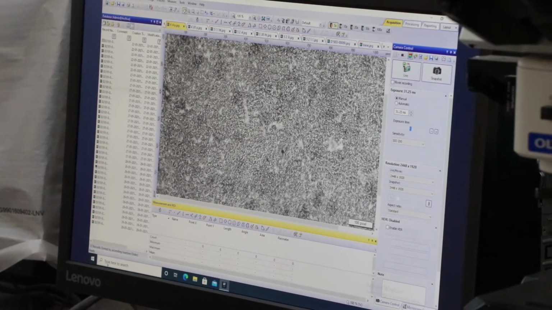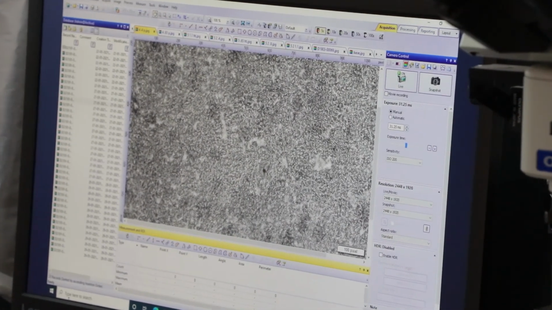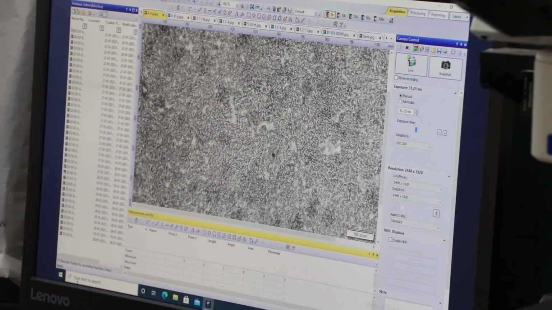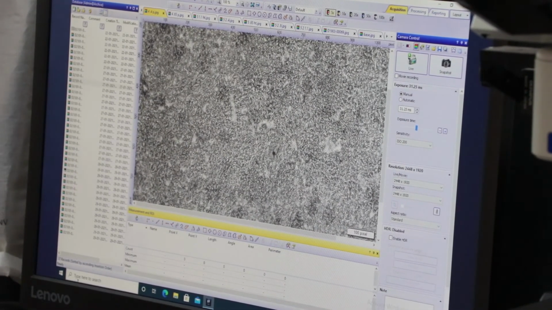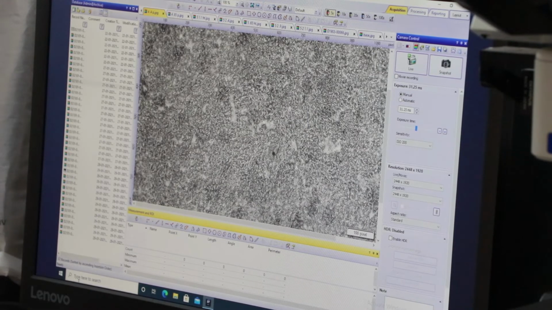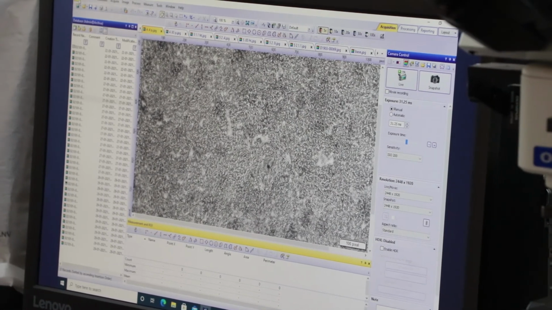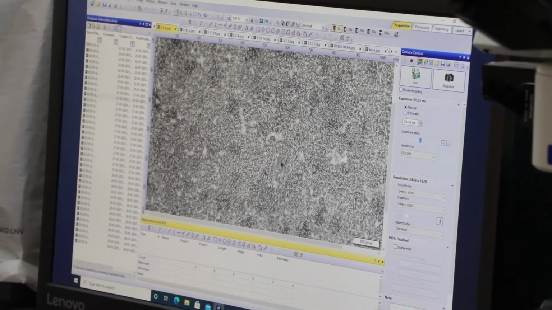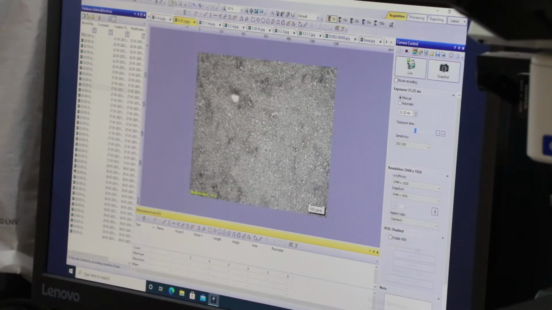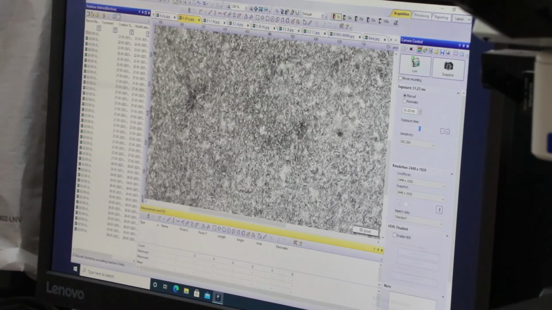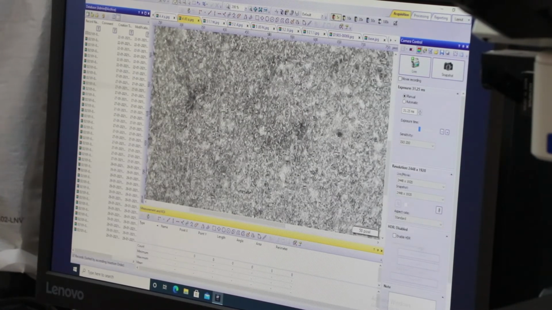This is sample number 1, plain carbon steel, carbon percentage 0.4%, furnace cooled from 750 degree centigrade. Next, sample number 2, carbon percentage 0.65, furnace cooled from 750 degree centigrade.